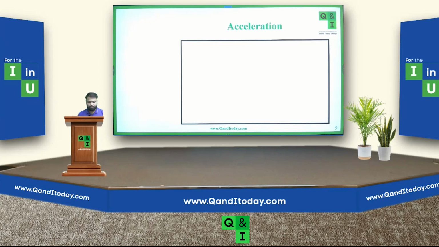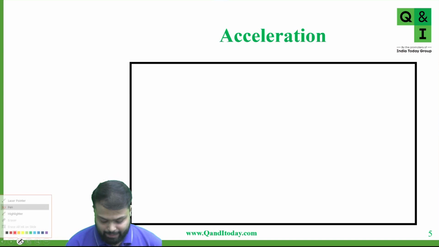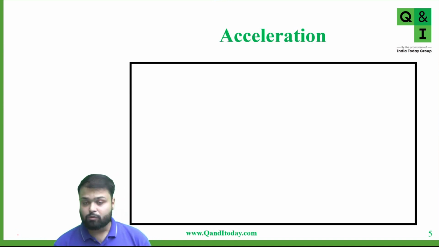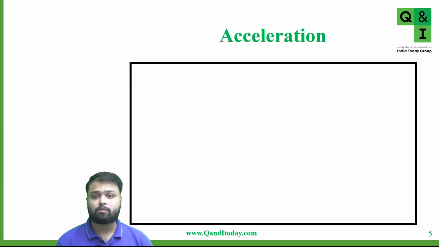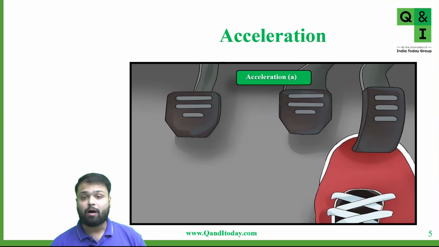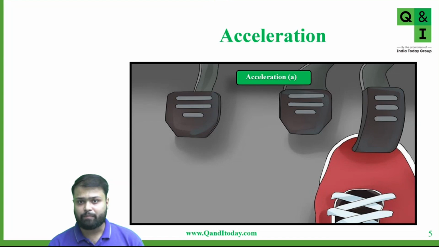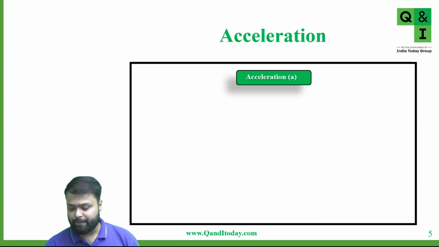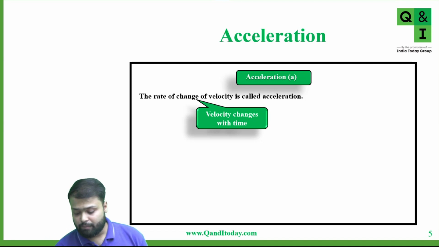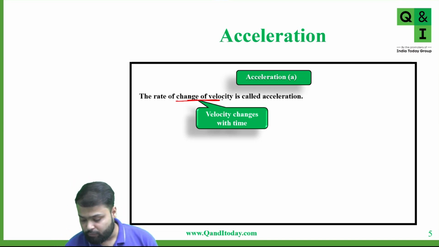Okay, now we'll start with the lecture acceleration. Okay, so what is acceleration? So rate of change of velocity is called acceleration. Now how can you accelerate? So there is an accelerator in the car. Okay, so when you press the accelerator, car speeds up. Yes or no? So acceleration is rate of change of velocity.